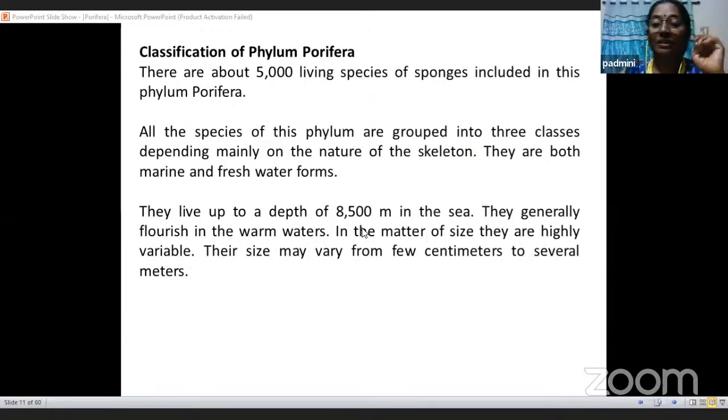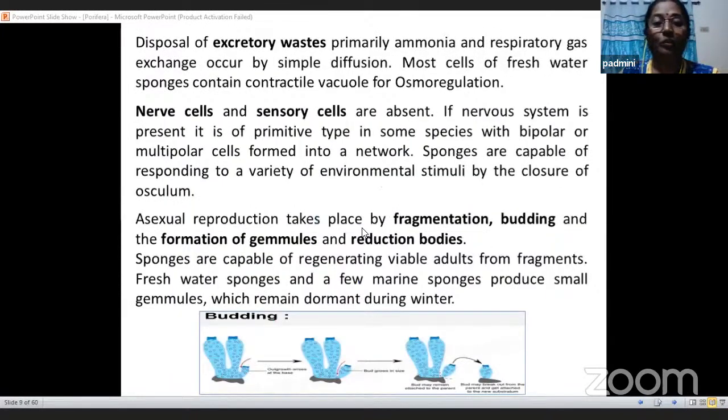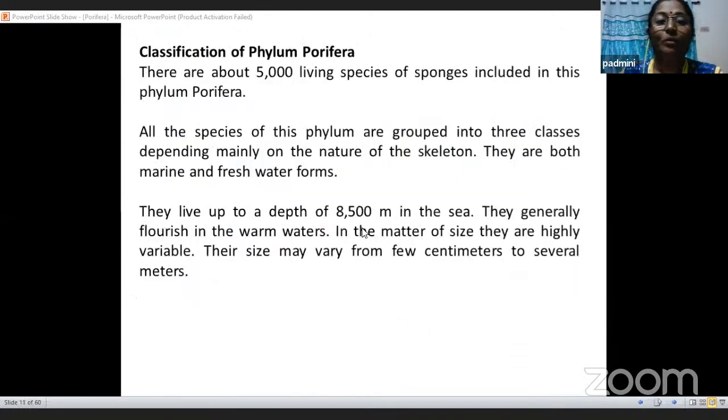Coming to that, these are some of the basic characters that we were talking about. If they ask you to describe the general characters of the poriferans, then you're going to talk about the pinacoderms, the conoderms, the pinacocytes, the conocytes. What are the conocytes made up of? That shape with a collar and a flagellum.